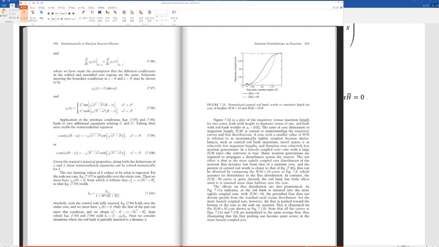So this is the case of a tightly coupled reactor core, and this is a somewhat larger reactor, the loosely coupled case. Of course, the loosely coupled case is the one with a large H tilde over M ratio, when the height of the reactor is much larger than the migration length.